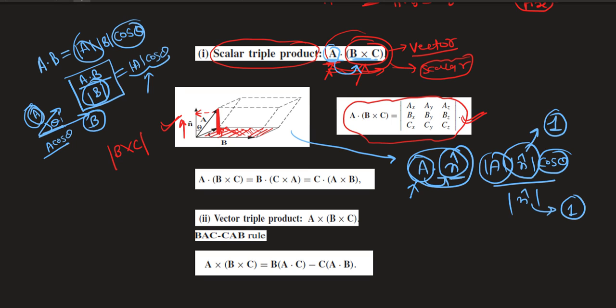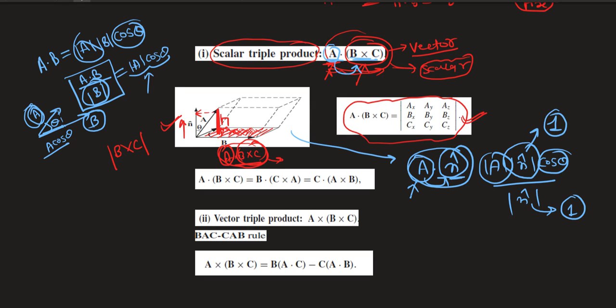So overall, in this A dot B cross C, B cross C gave me the area of this parallelogram, and A dot B cross C would be giving me the projection of vector A times the magnitude of this vector B cross C. So simply this area times this height.